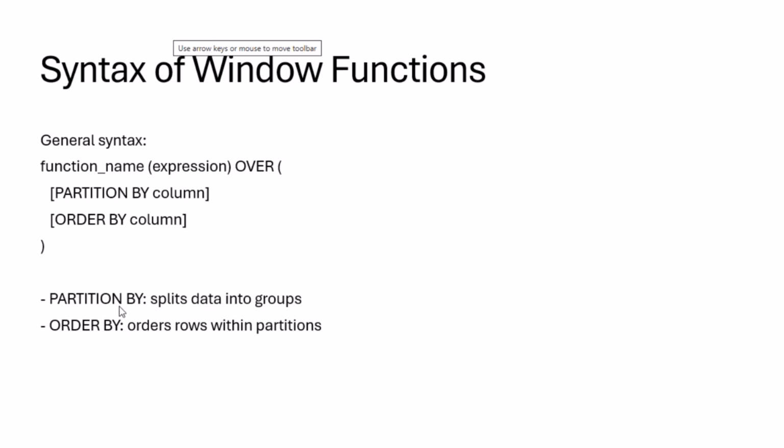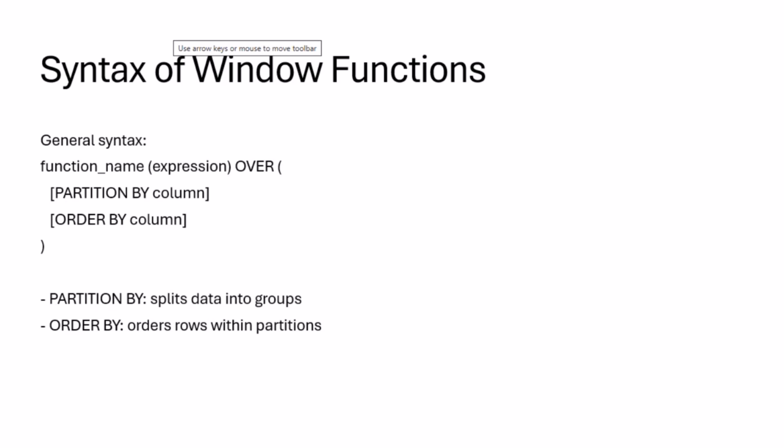So what does partition do? It splits data into groups. Let's say you have data of employees, and these employees belong to different departments, say HR, marketing, IT, and things like that. So PARTITION BY a particular column now groups that data.